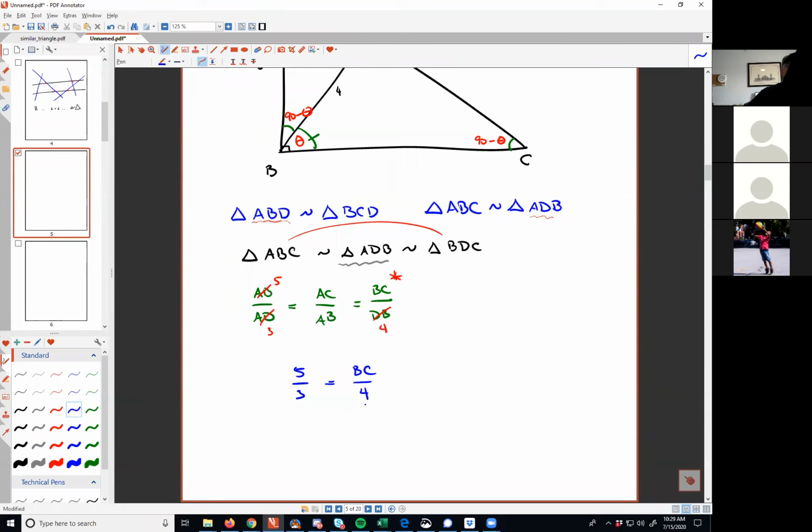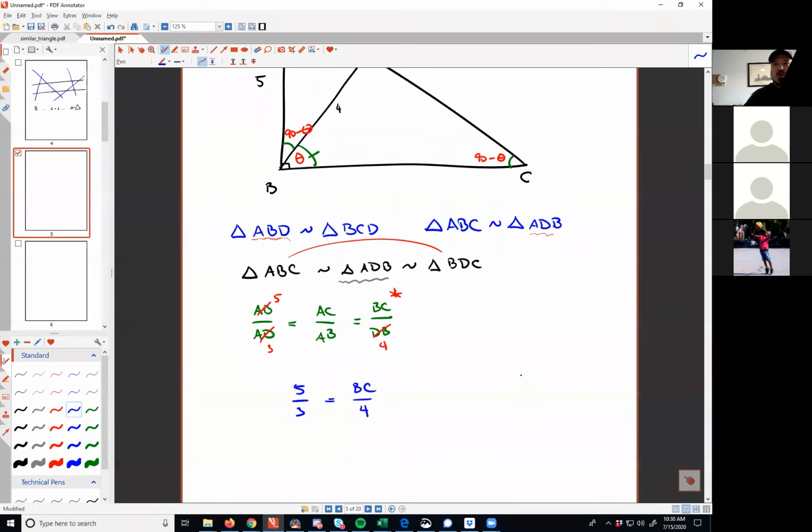What is the length of BC? What is BC equal to?